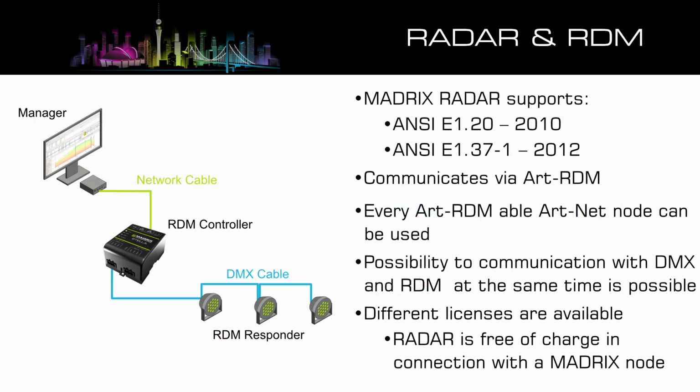The Radar communication works via ArtRDM, and thus every ArtNet node which supports ArtRDM can be used in connection with Radar. There are different licenses available depending on your needs, and you can choose the right license for the project.